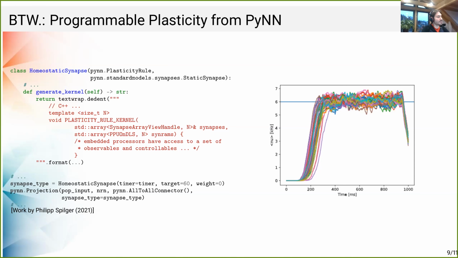The software knows where the synapses lie on the hardware system, and this parameterization happens automatically, which is a big step compared to the past, where the users had to know where the synapses lie on the hardware system. And this is also integrated. So in Pine, you would have an instantiated object of this type, and you pass it in your projection as a synapse type, and the software just works and performs all the conversions.